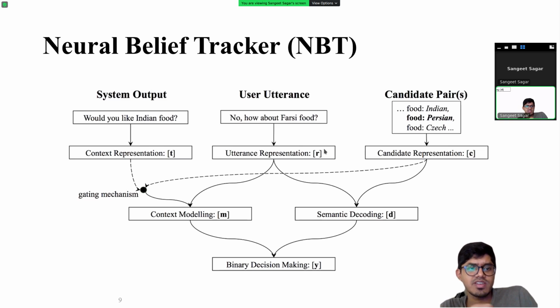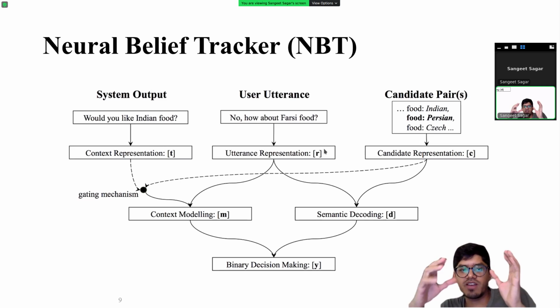We also have a gating mechanism, which performs a kind of sanity check, where only those utterances that are concerned with the current slot value pair are passed. So, all in all, we have a three-way interaction that leads to a final decision.